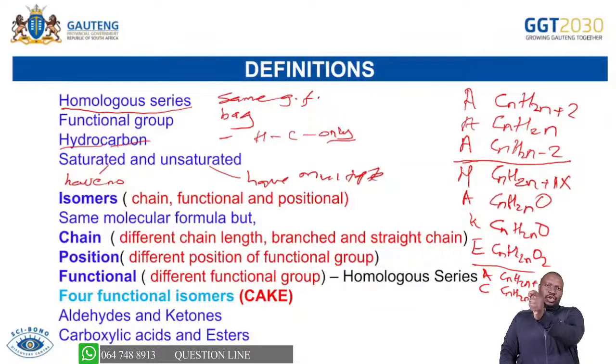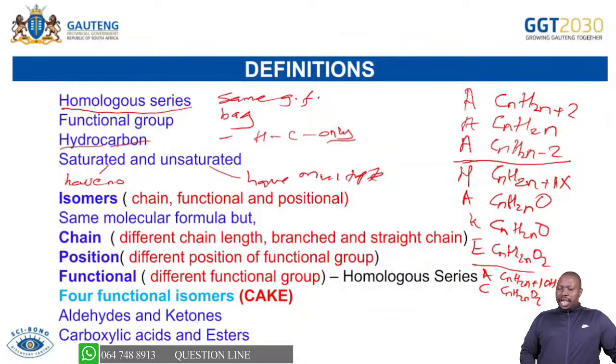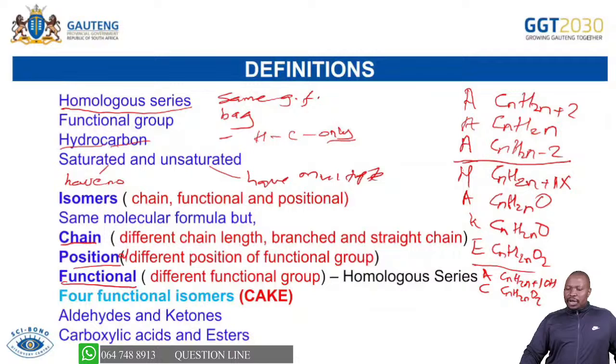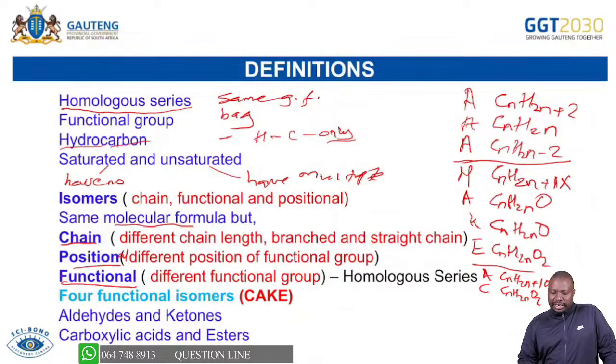If we say structural isomer, you will say same molecular formula but different structural formula. If we say chain isomer, because we do chain isomers, we do positional isomers, not position but positional isomer, we do functional isomer. So for chain isomer, we are saying they have the same molecular formula but different types of chain. So they have a different type of chain.